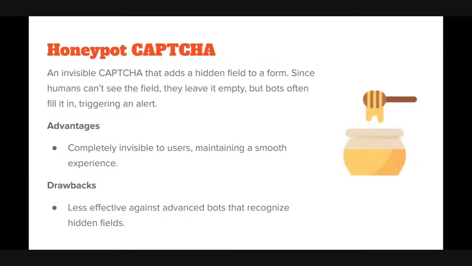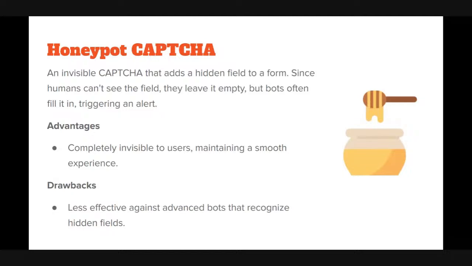Okay, now let's talk about honeypot captcha, which is very interesting. It is an invisible captcha. It adds a hidden field to a form, and since humans can't see the field, they'll leave it empty. But bots will often fill it in, which will trigger an alert to let the system know that the user is certainly a bot.